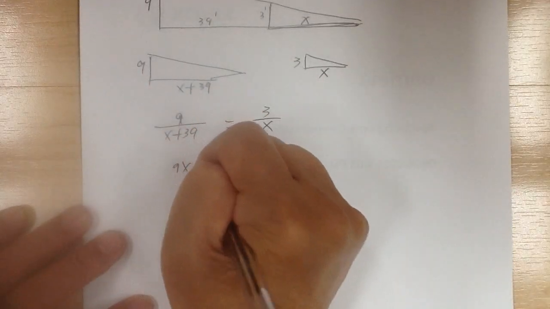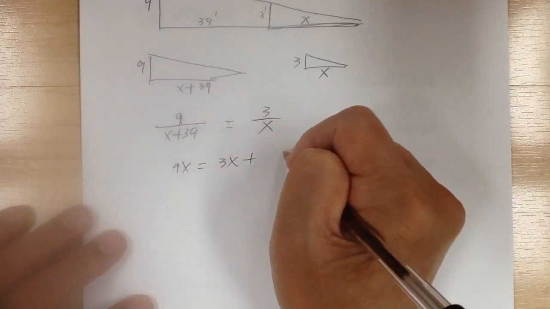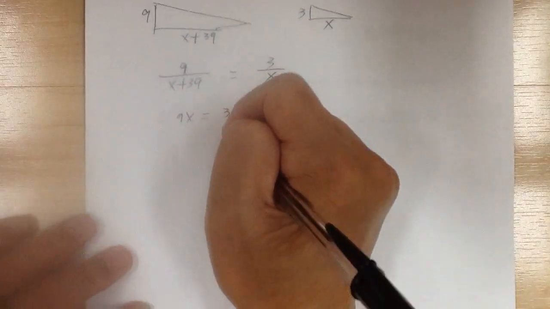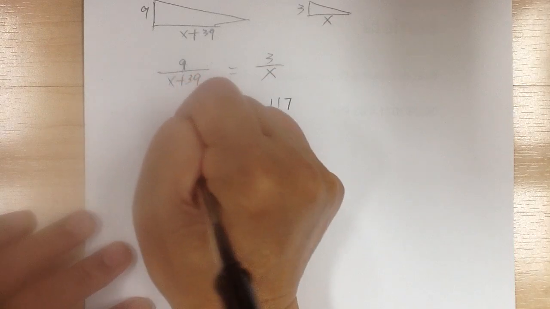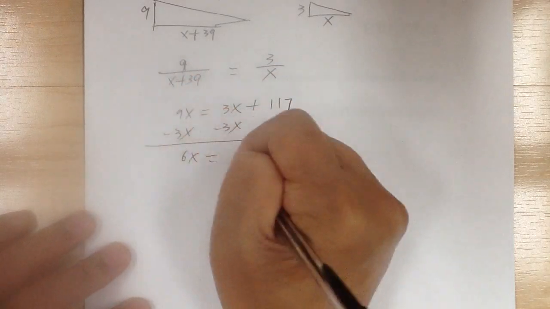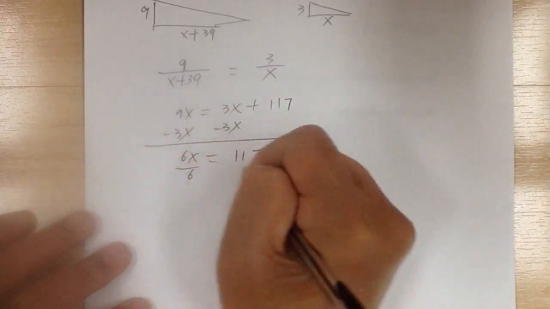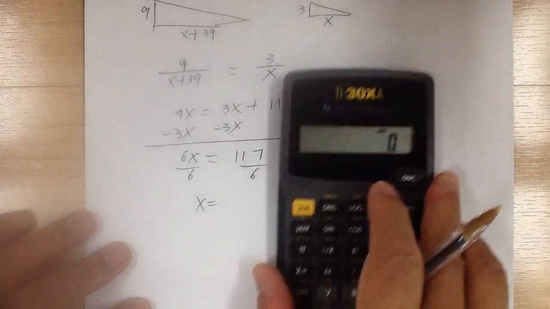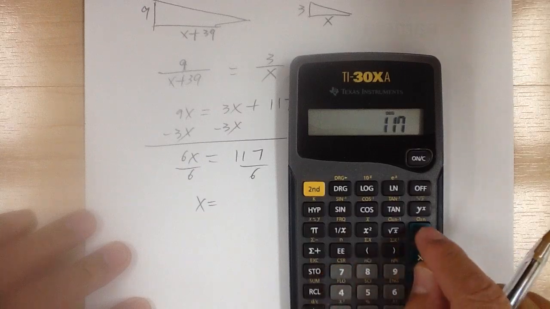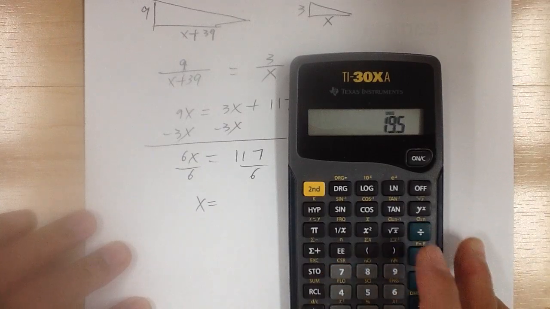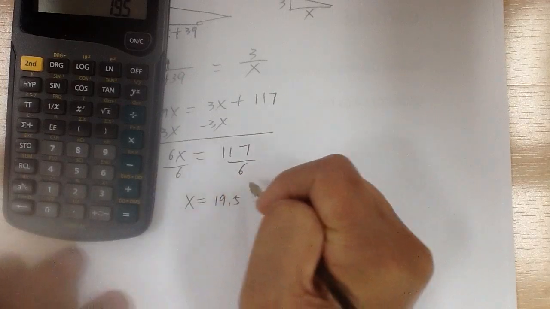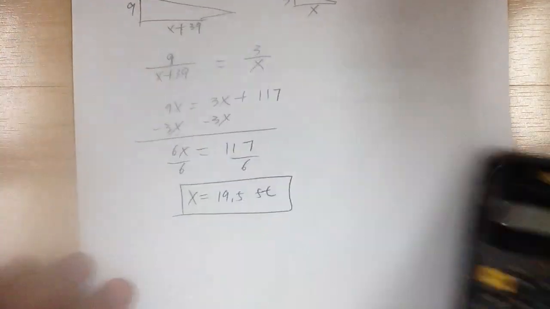So 9x equals 3x plus 117. Now all you do is minus 3x, so you've got 6x equals 117, divided by 6. So x will equal 19.5 feet. And that's it for that.